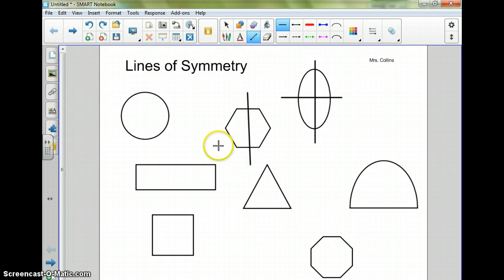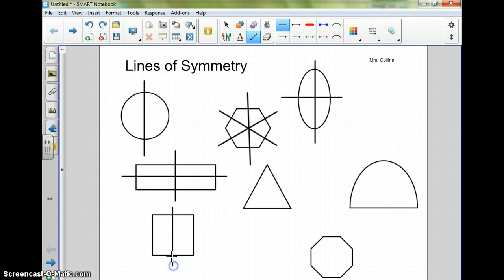It's going to be hard to get them perfect, so just try. It would be the same if we cross that both directions. Same with the square. There we go.